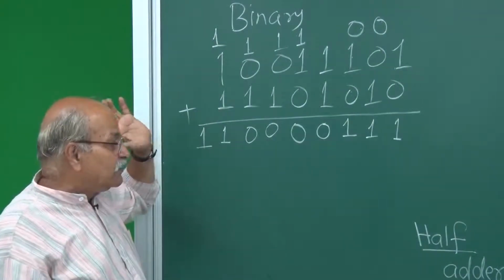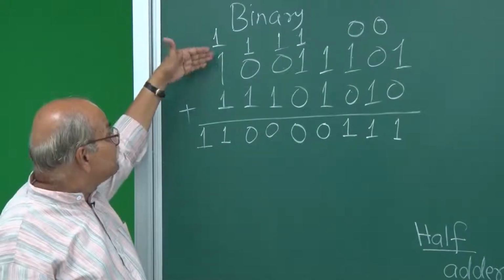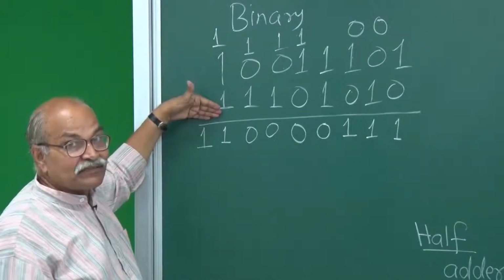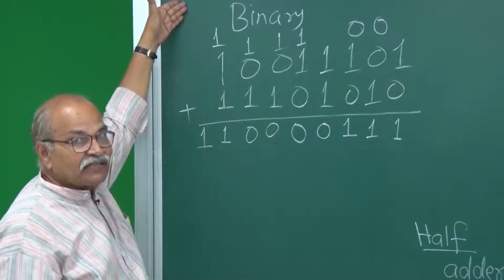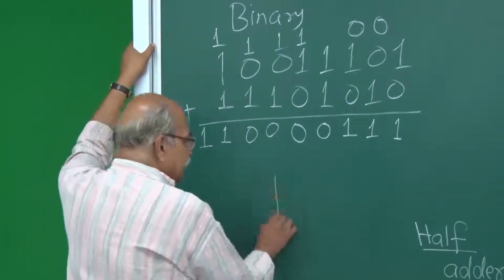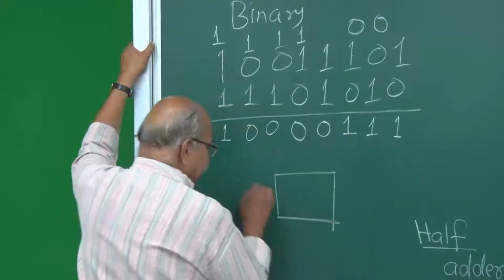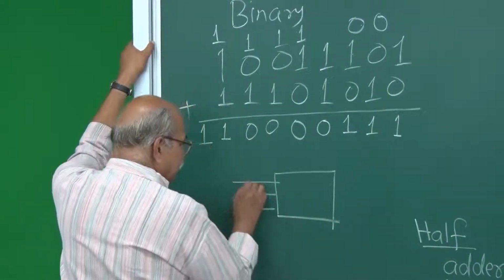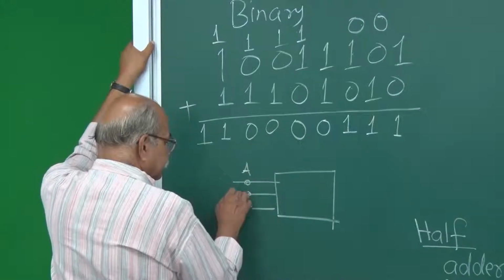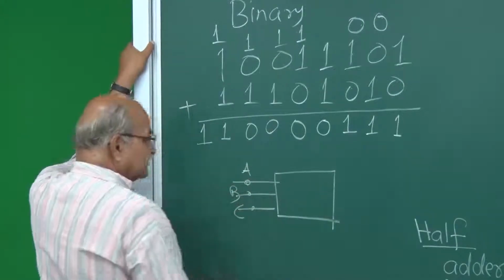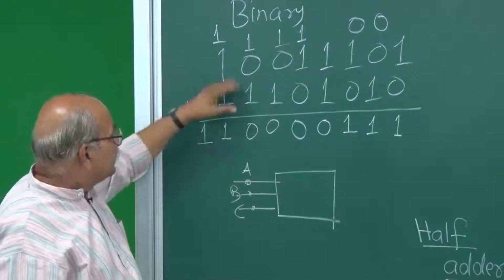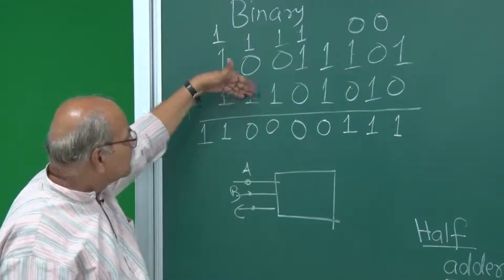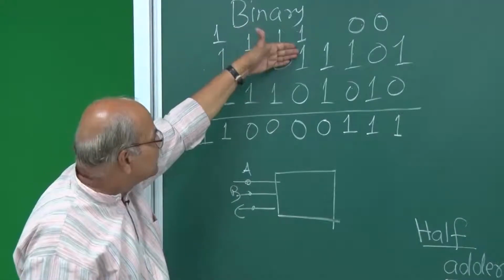So if we can put 3 numbers together as input and then ask what is the final sum and what is the final carry, that means I will have a circuit in which 3 inputs will go, A, B and C, like here 1, 1, 1, here 1, 0, 1, 1, 0, 1, 1, 1, 0.